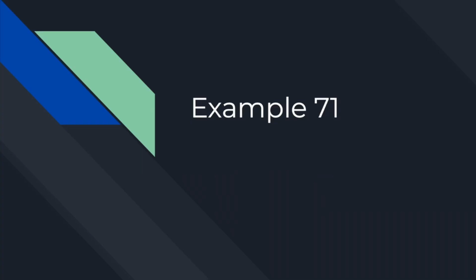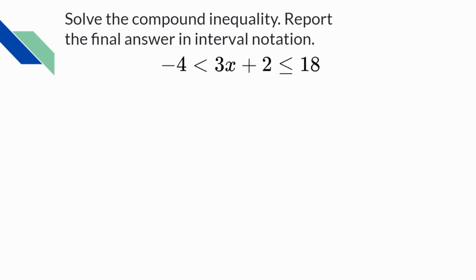All right, example 71. Here we have a compound inequality. Remember, a compound inequality is two inequalities occurring at the same time. For this, we want to isolate x in the middle. To do that, let's subtract 2 throughout, subtract 2 everywhere.